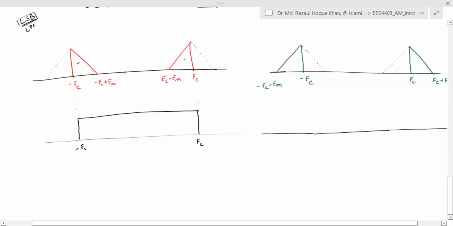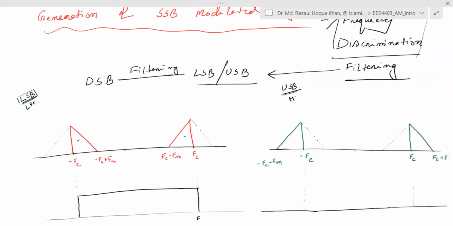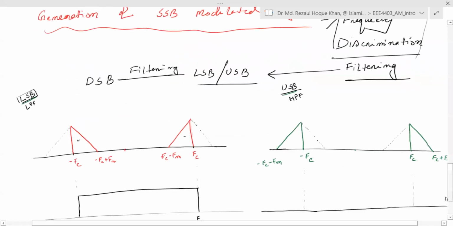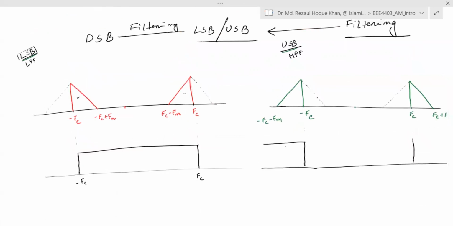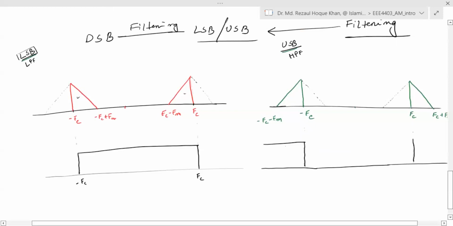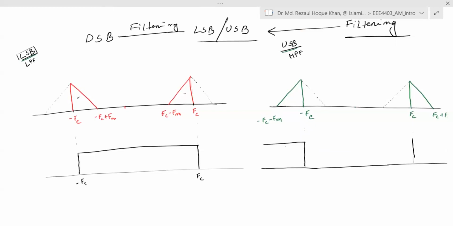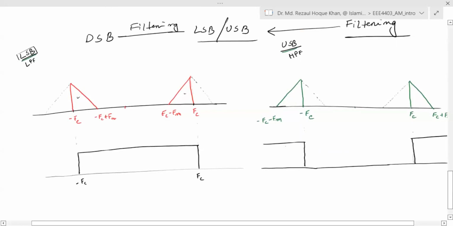I have to extract this through a high pass filter. So this is actually a high pass filter. Sorry, this will be a high pass filter.